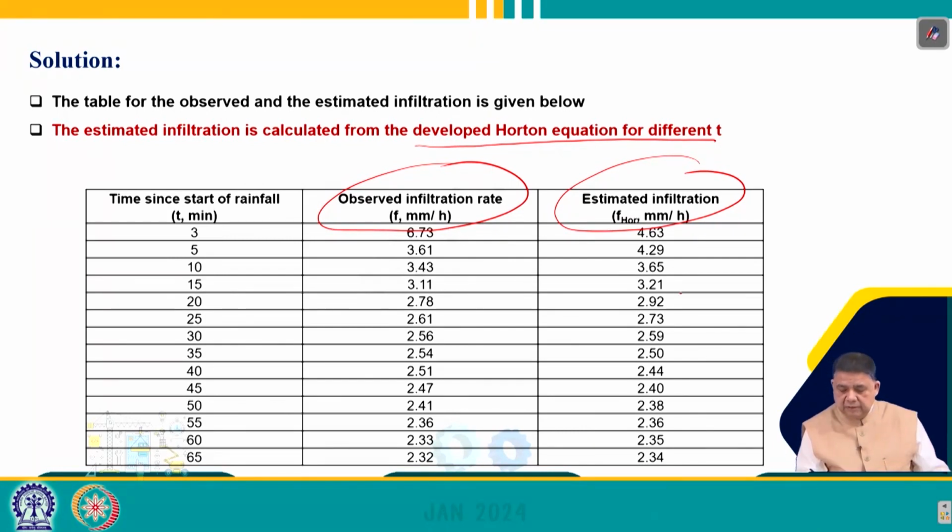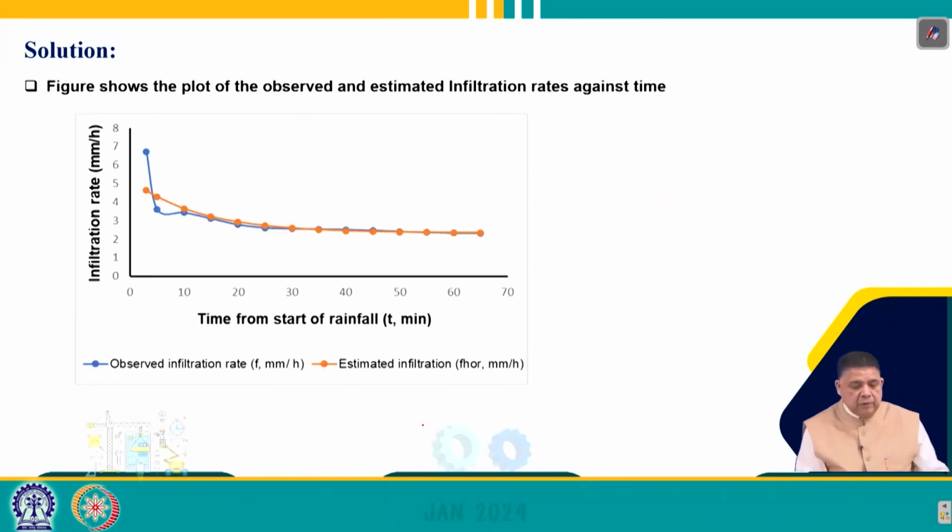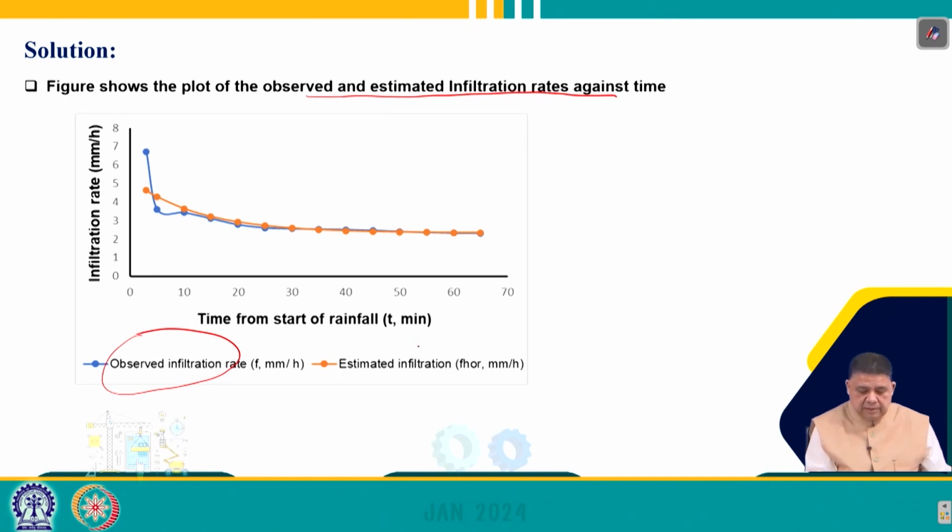These are the estimated values against the measured values, and if we plot this, that is the plot of observed and estimated infiltration rate against time. If you see here, the observed is in blue color and the orange color is estimated.